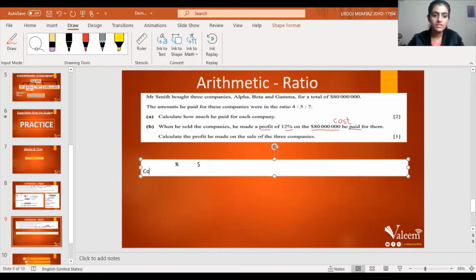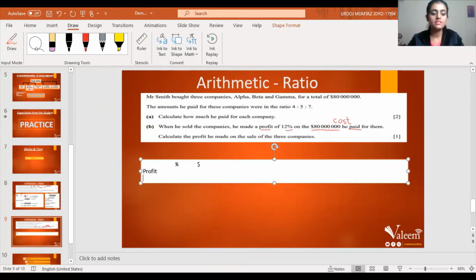On one side we will write the profit, because we need to calculate that, and on the other end we will write the cost. Whatever we need to take out, we write that, that is profit, and we need the reference for it, and that is cost, because we have both the percentage and the dollar amount of cost.